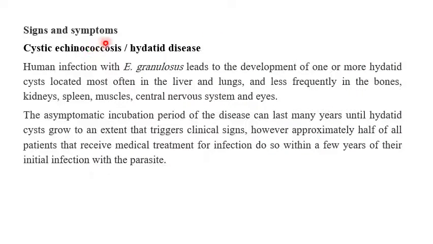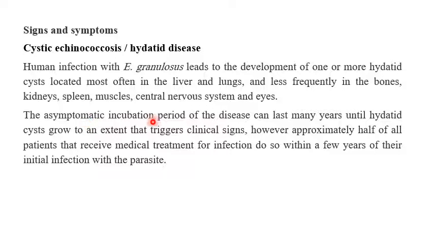Signs and symptoms: cystic Echinococcosis, hydatid disease. Human infection with Echinococcus granulosus leads to development of one or more hydatid cysts located most often in the liver, lungs, and less frequently in the bones, kidneys, spleen, muscles, central nervous system, and eyes.